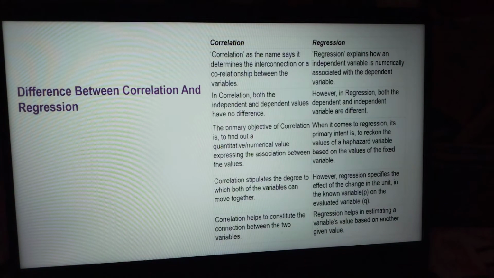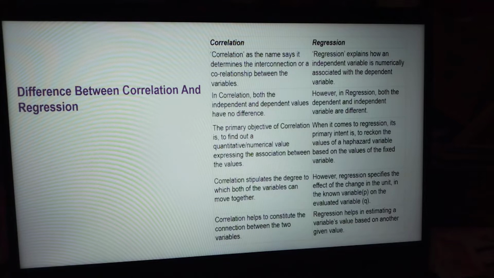But in regression analysis, there is a concept of dependent and independent variable, because we are estimating the relationship between dependent and independent variable with the help of regression equation. We are forecasting the effect on dependent variable of independent variable with the help of regression coefficient and regression equation.